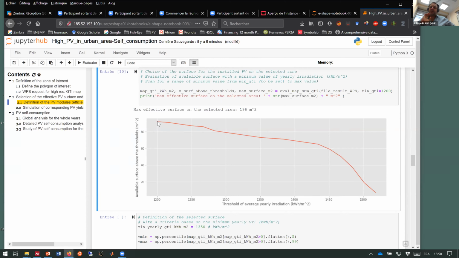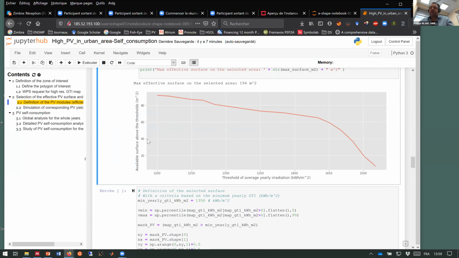Okay, so if I look at least 1,400 kilowatt hour per square meter on a yearly basis, I have, let's say, 70 square meter of effective surface on my roof.